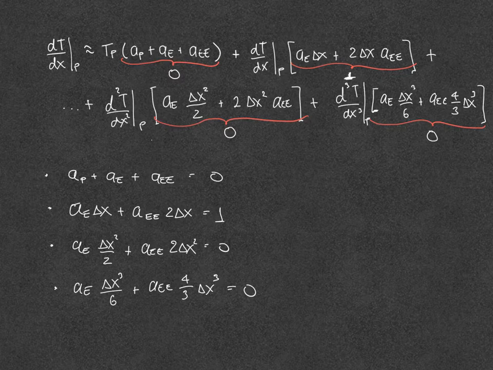So someone could say, yeah, just do some least squares, do some linear optimization, and then you just get an approximation value for AP, AE, and AEE. Okay, this is actually not what we are going to do. The best that we can do is just to select the 3 more useful equations to solve, because in order to solve with an exact value AP, AE, AEE, we need only 3 equations.